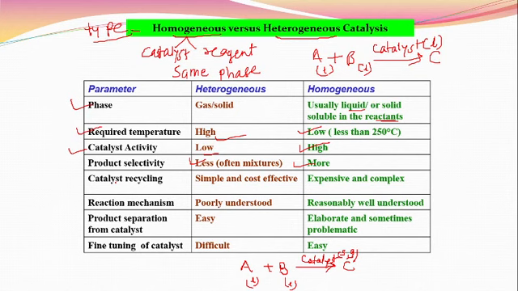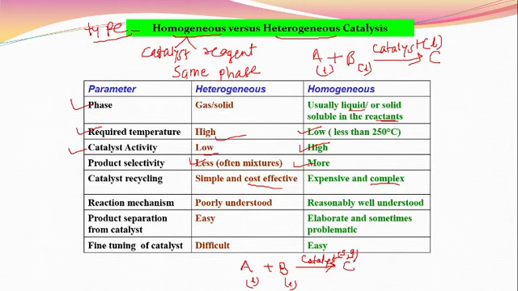In heterogeneous catalysis, catalyst recycling is simple and cost effective, but in homogeneous catalysis it is very expensive and complex. Why? Because the reactant and the catalyst are in one phase, so separation of the catalyst is very difficult, and that's why this process is very expensive and complex.